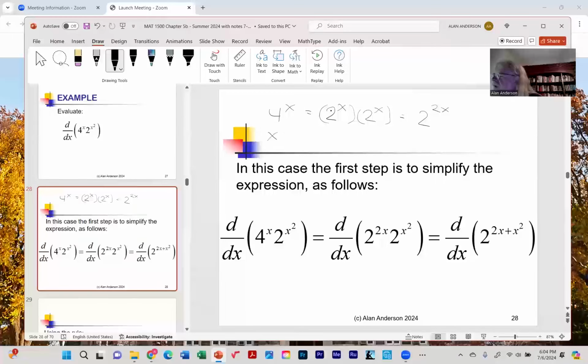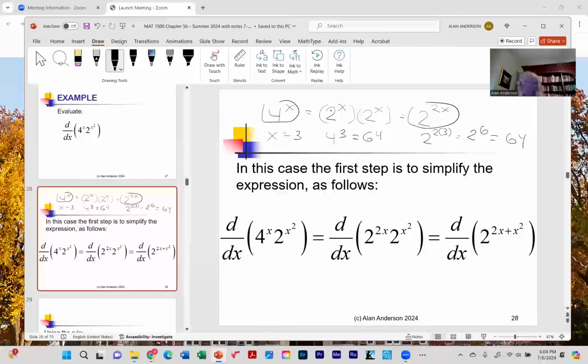Suppose that x is 3. 4 to the third power is 64. 2 to the 2 times 3 is 2 to the 6, which guess what is 64. So this was the interesting part right here.